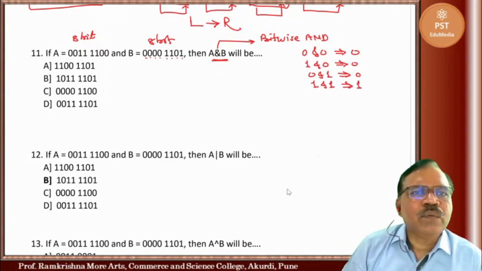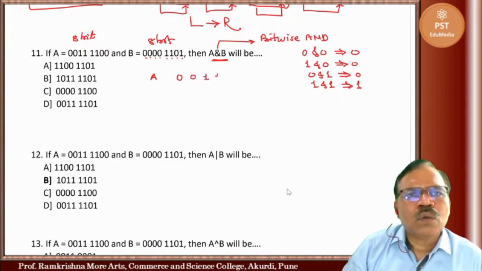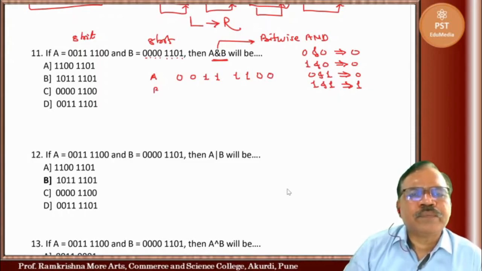Bitwise. So here we have A. What is A? A is 0, 0, 1, 1, 1, 1, 0, 0. And what is B?